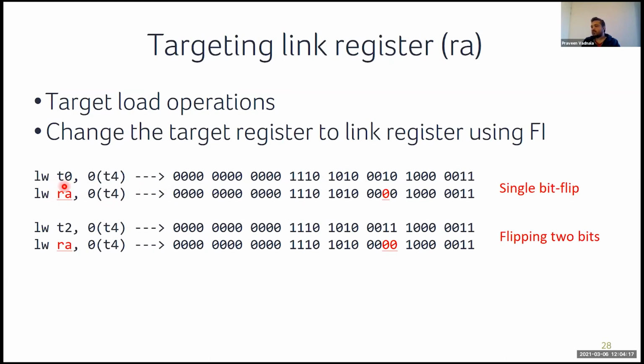So how can we do that? If you look on the right, you see how this particular instruction is encoded in binary. This 32-bit instruction refers to this one. Now, if we just change this particular bit here to 0, then this instruction will completely change. Instead of the data being loaded into T0, it will be loaded into RA. And now imagine if at this location, we store our payload address.